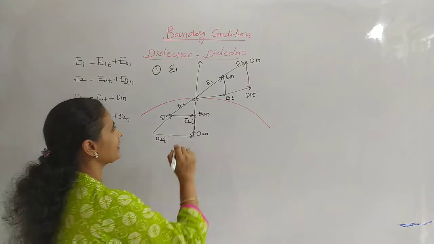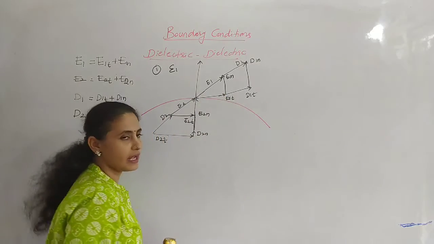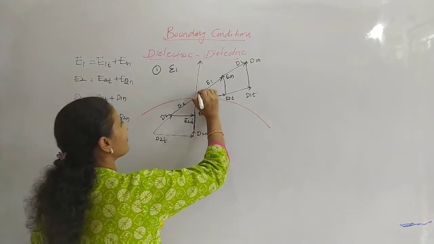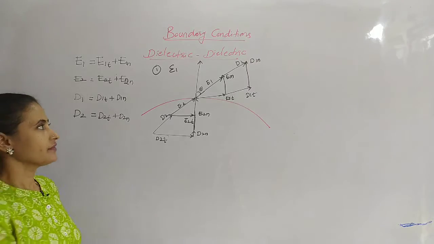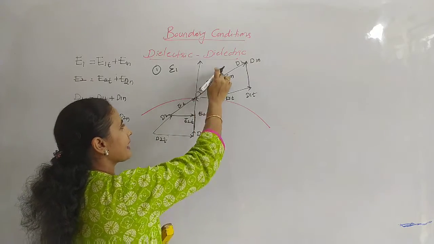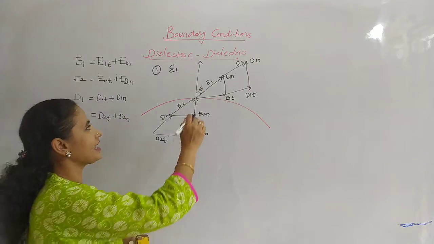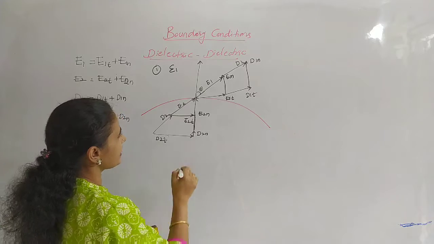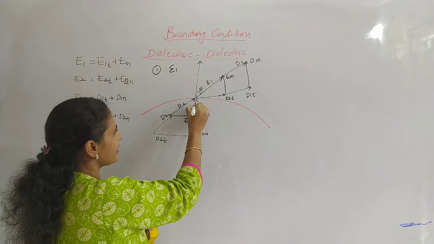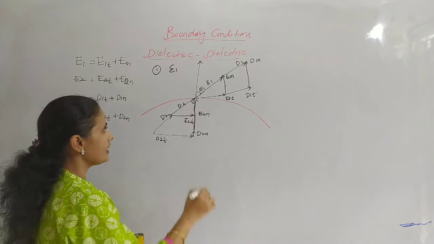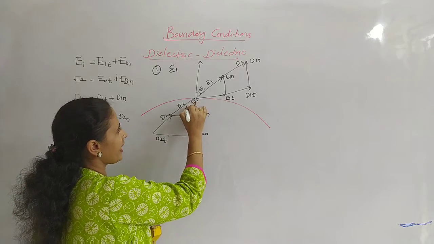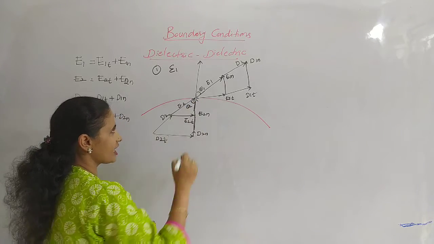Let E1 make some angle theta 1 with respect to the normal line, and E2 also make some angle theta 2 with the normal line.